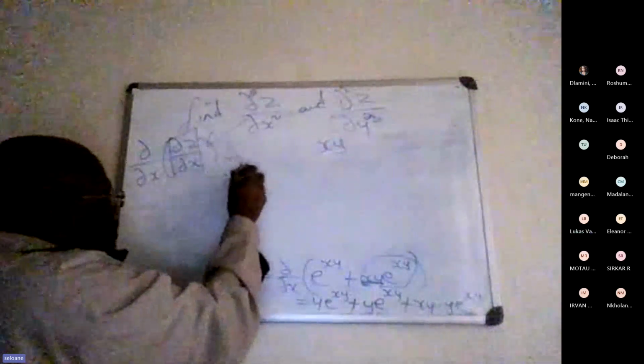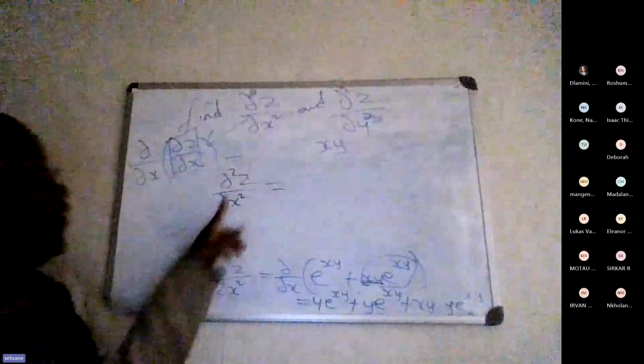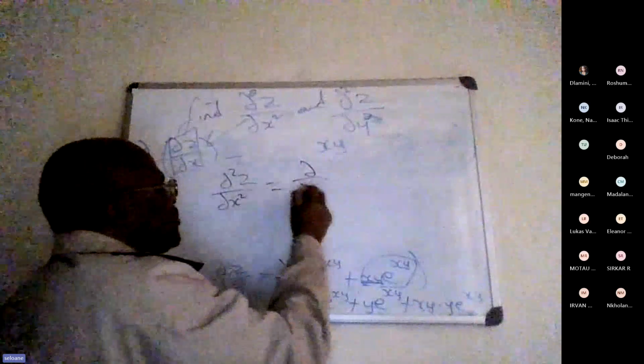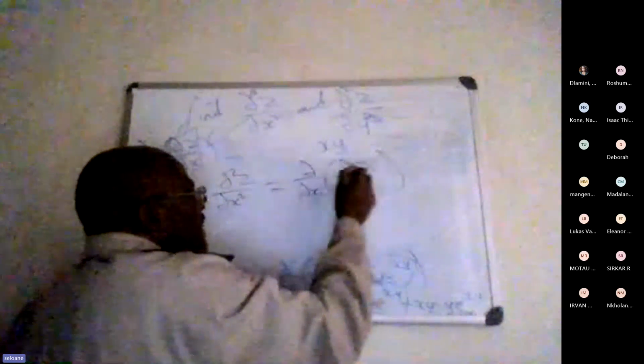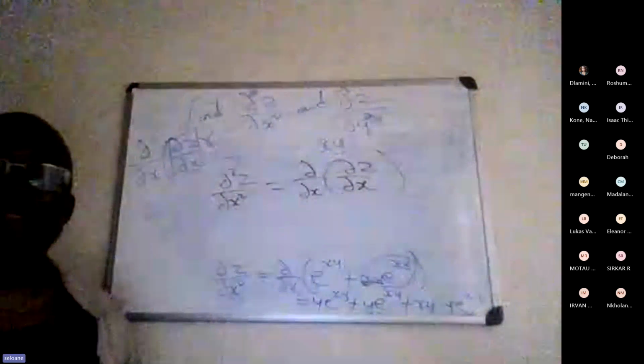We have said it is d squared y, that is the partial derivative of this. Don't forget notationally, this means the partial with respect to x of the partial of z with respect to x. Can you see this part?